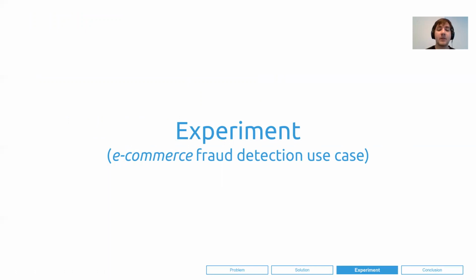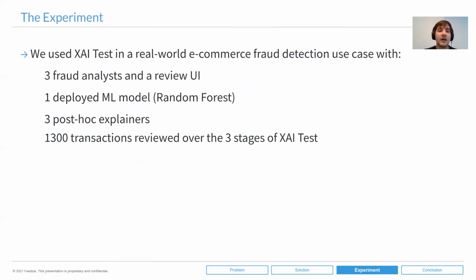So we ran an experiment, and this experiment was on a real world e-commerce fraud detection scenario. So what we had was three in-house analysts. They used the usual review UI that they have to review transactions.